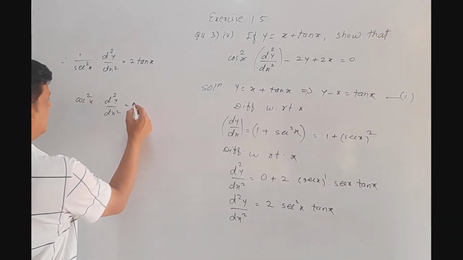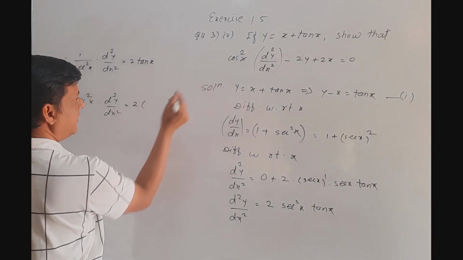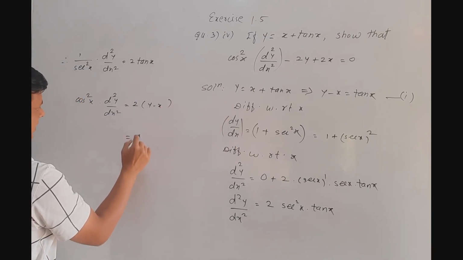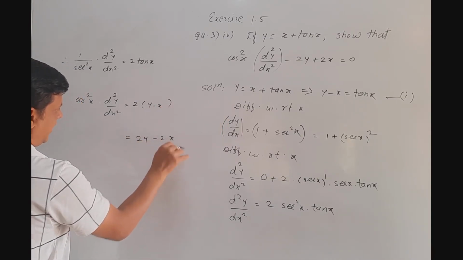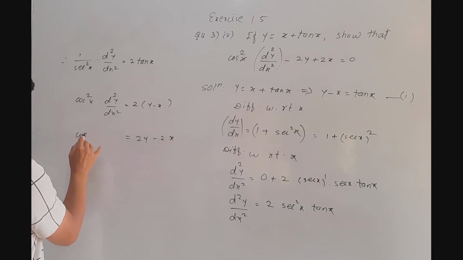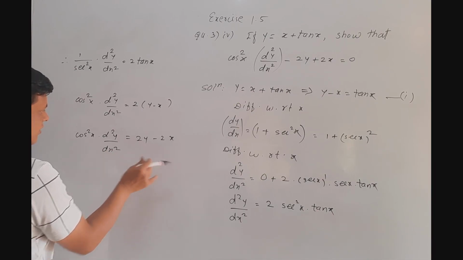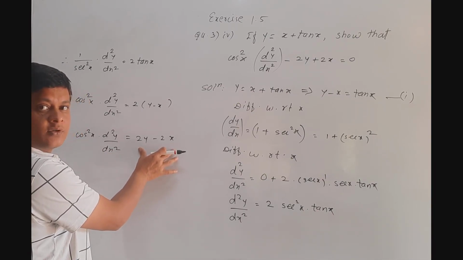So write 2 into tan x we replace by y minus x from equation 1. So multiply by 2, so 2y minus 2x. In left hand side cos square x into d2y by dx2 as it is. We transfer these two terms to left hand side.